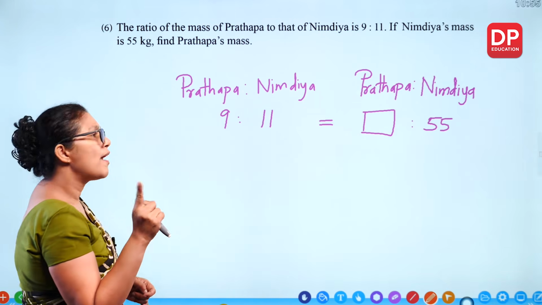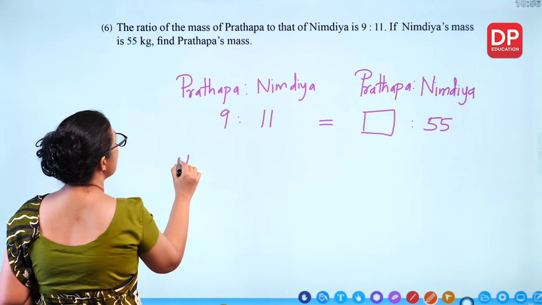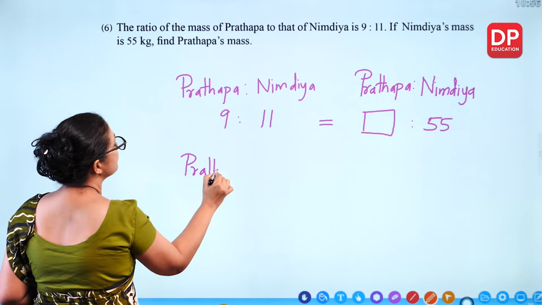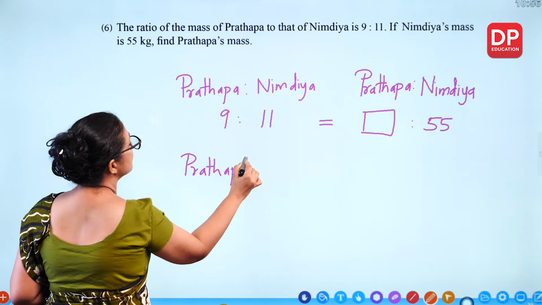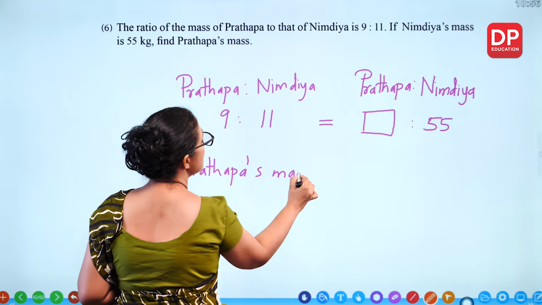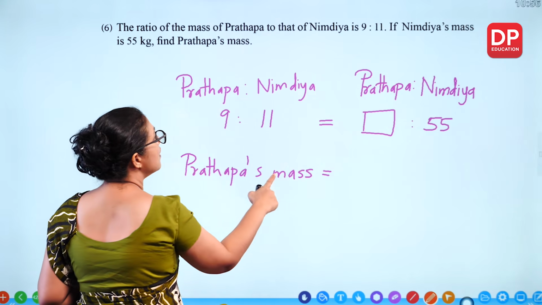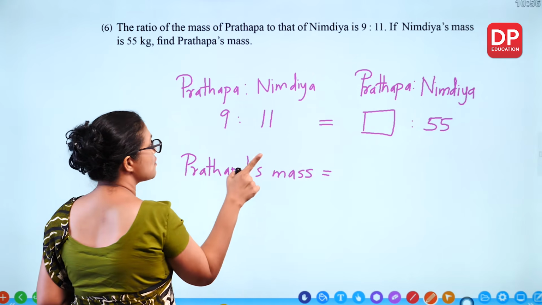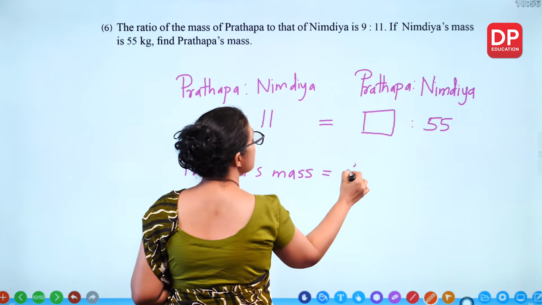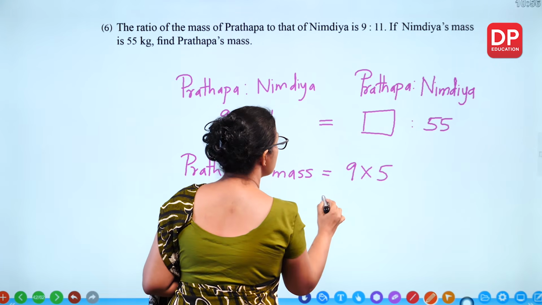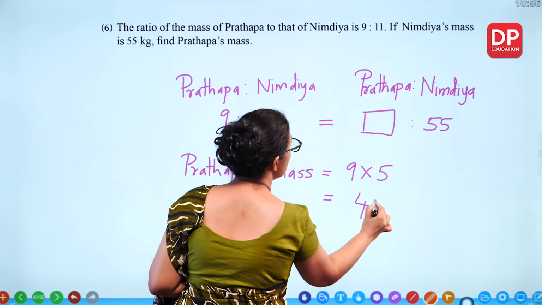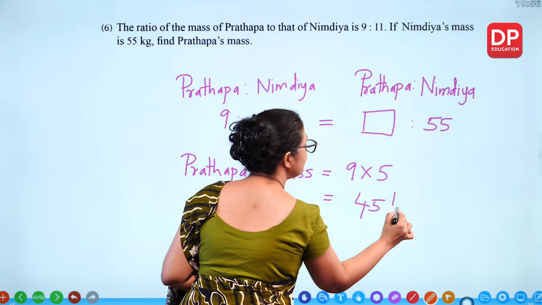So 9 times 5, 45. So you can write Pratapa's mass is 11 times 5, 55. 9 times 5, that's 45 kilos.